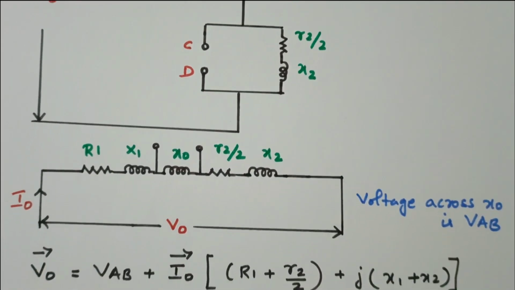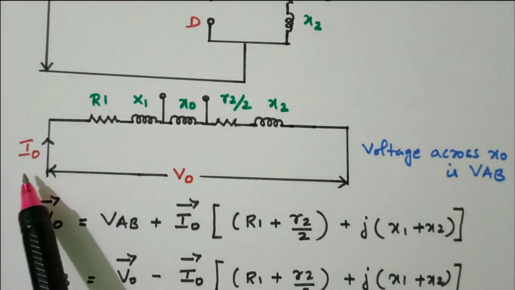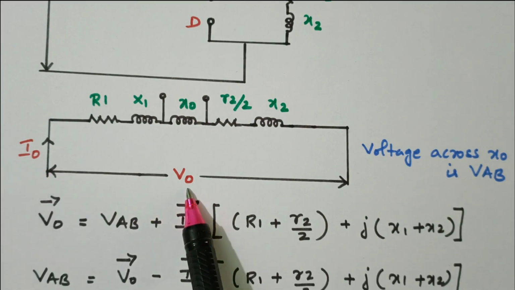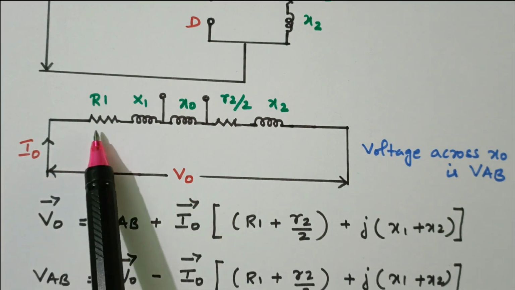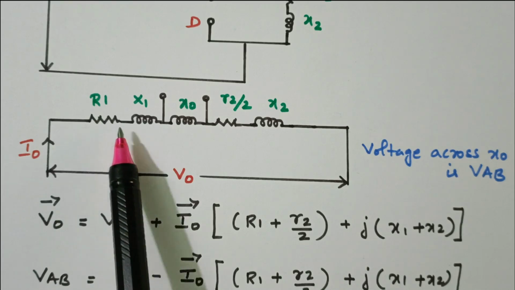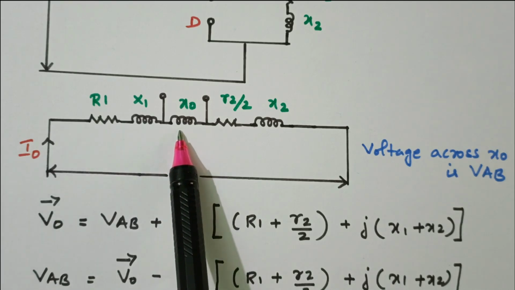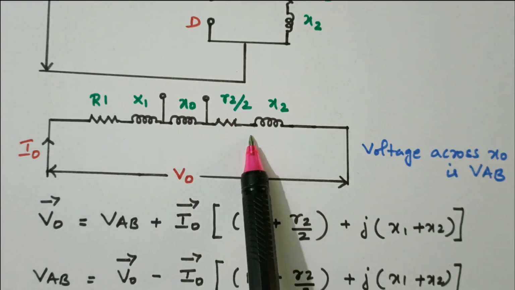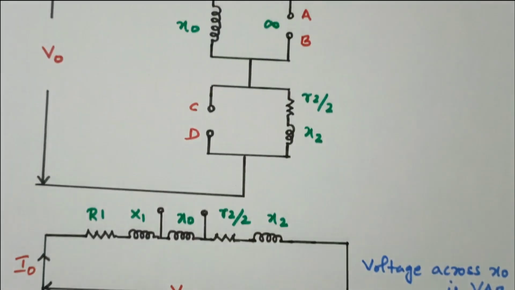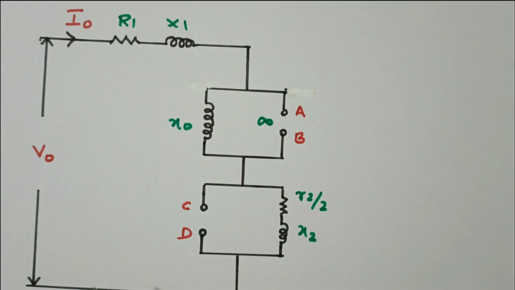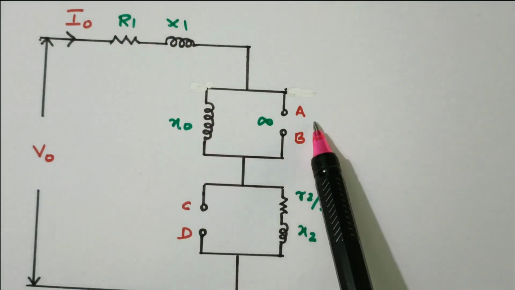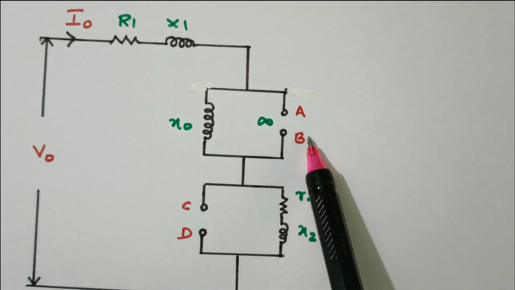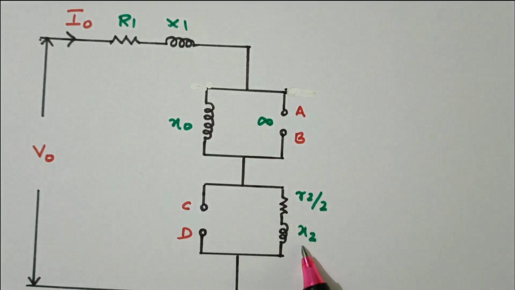The circuit is redrawn. I0, voltage V0, no load voltage and no load current, the stator R1 X1. This X0 is based on the forward rotor circuit. R2 by 2 and X2 are based on the backward rotor circuit. So what is available: V0, I0, R1, X1, then X0 across points AB, then R2 by 2 and X2.